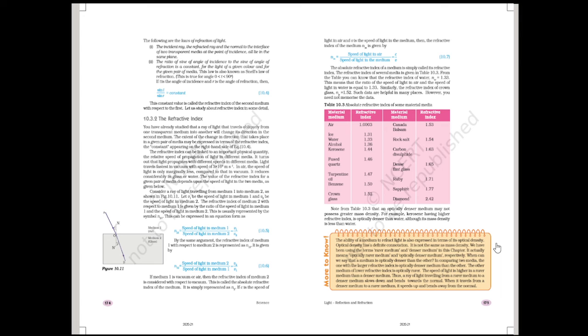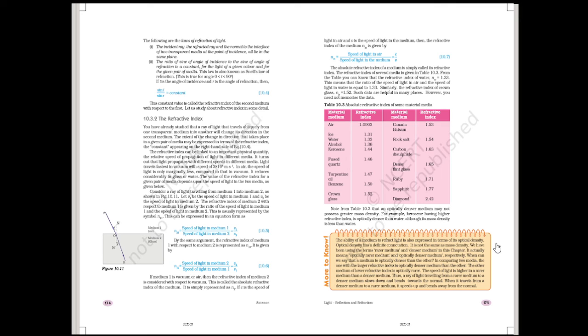The value of the refractive index for a given pair of media depends upon the speed of light in the two media, as given below and represented in equation 10.5. Consider light traveling from medium 1 into medium 2 as shown in the figure.